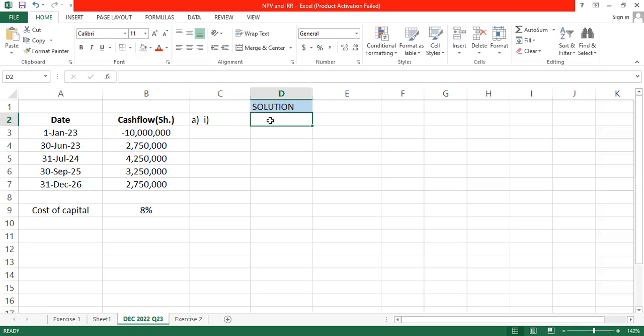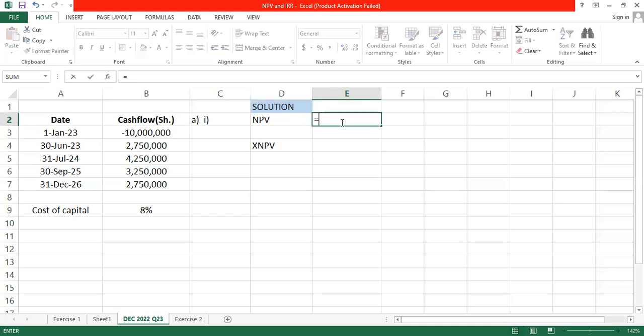Now part A number 1 requires we compute two things. One is NPV, and then related to NPV, we have something we call the XNPV. Now we have not yet discussed number 2, but once we have NPV, very shortly I'll explain what the XNPV means.